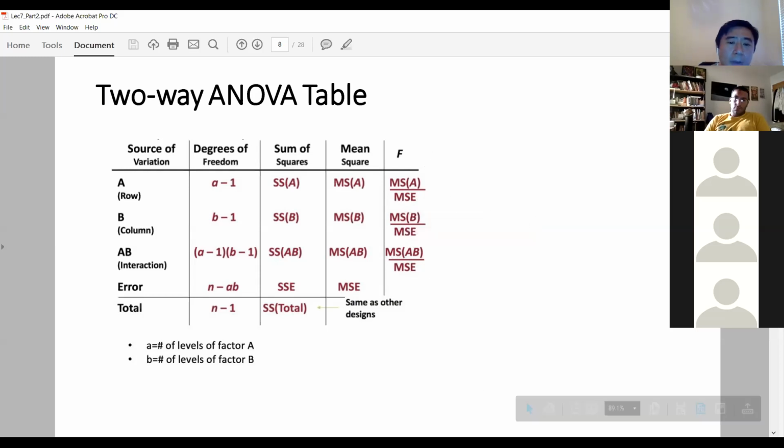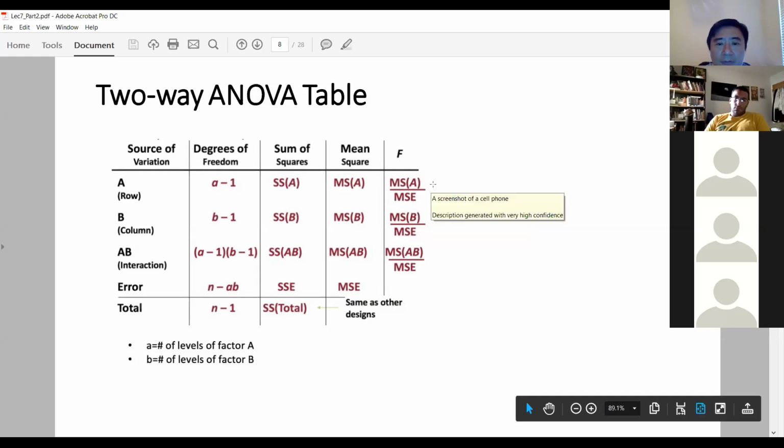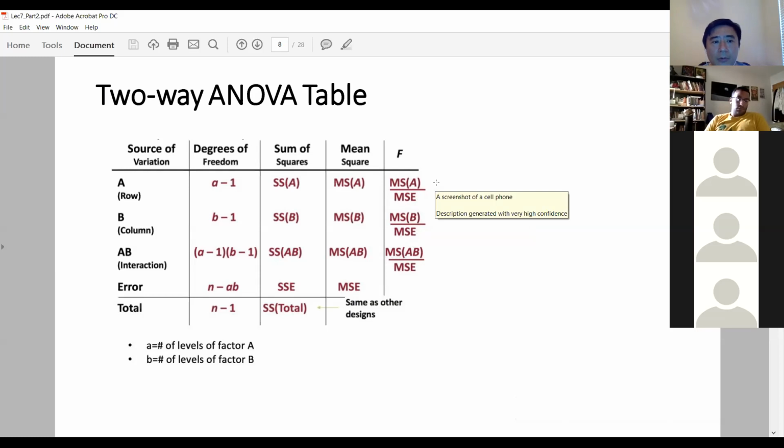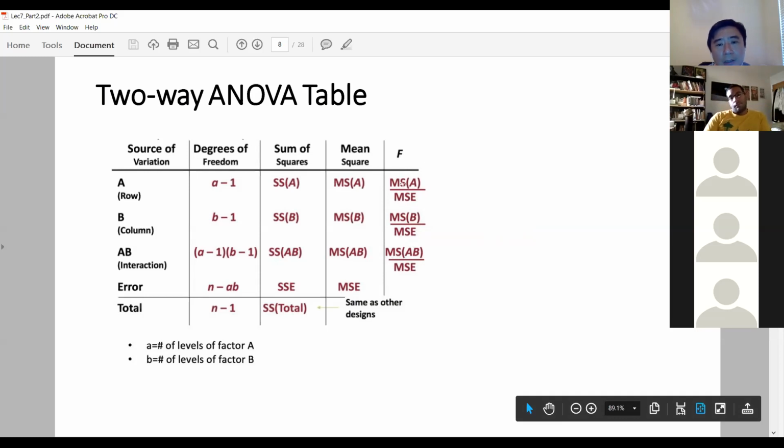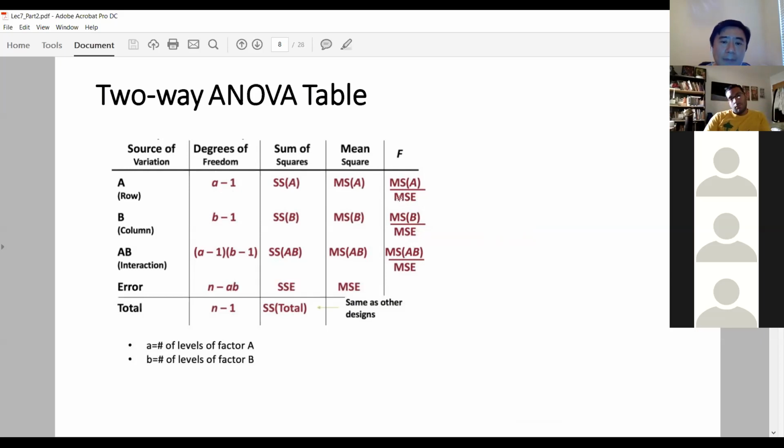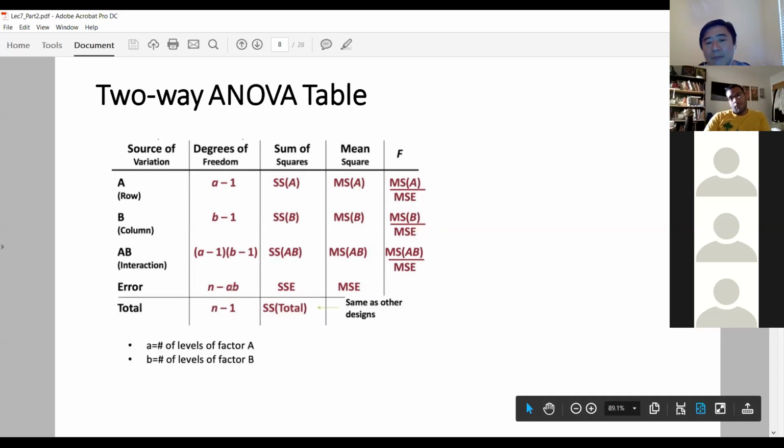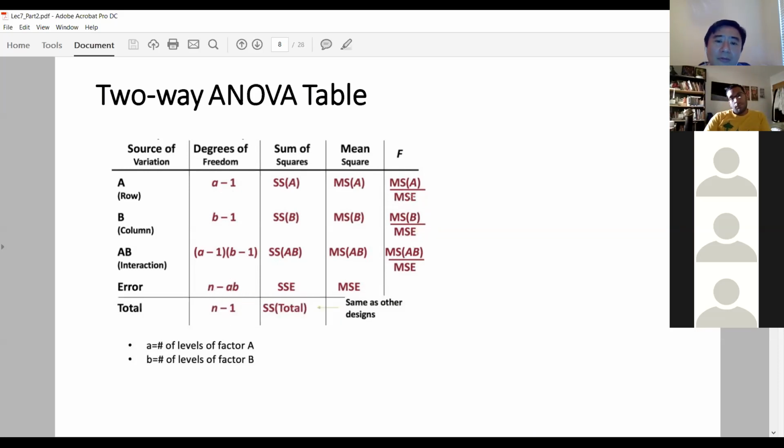Then you compare this F value with the critical value of the F distribution at the 0.05 test level. This F value should be compared with the F distribution with numerator degree of freedom equal to the corresponding degree of freedom for the factor, and the common denominator degree of freedom, which is equal to n-ab. For the first test, you have numerator degree of freedom A-1 and denominator degree of freedom n-ab.